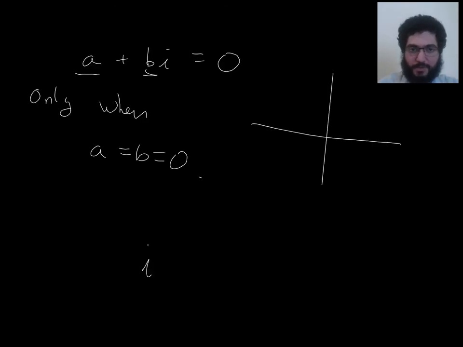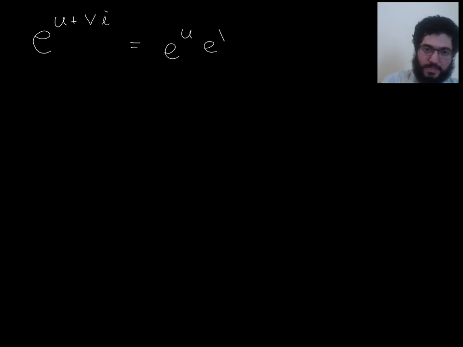Now, do you remember from an earlier video, in the previous lecture, we saw that e to the u plus vi is e to the u times e to the vi. And then we discussed what e to the vi is, where v is a real number.